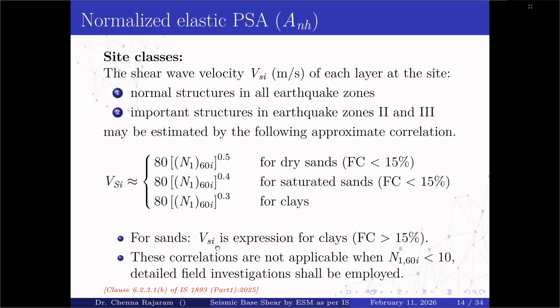For sands, VSI is expressed for clays where FC is greater than 15%. These correlations are not applicable when N160I is less than 10. A detailed field investigation should be adopted.